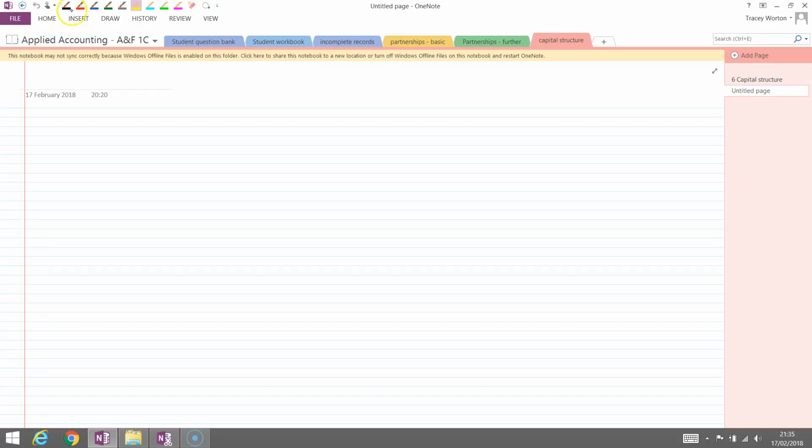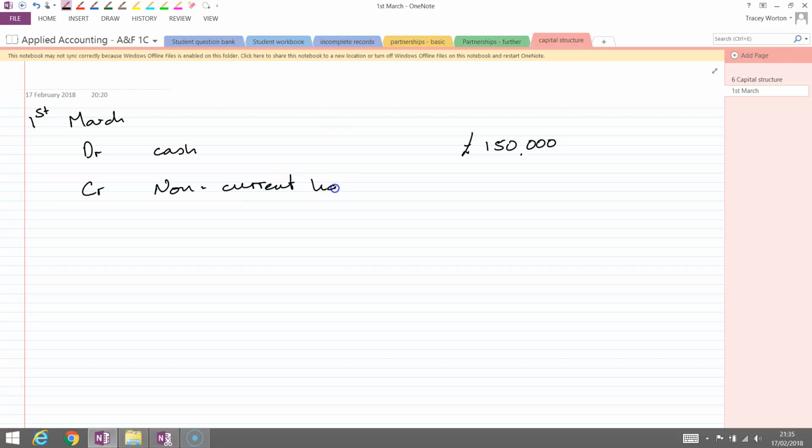So on the 1st of March, when the actual issue is made, we're going to debit the cash with the £150,000 received, and we're going to credit a non-current liability for 10% loan notes for £150,000.